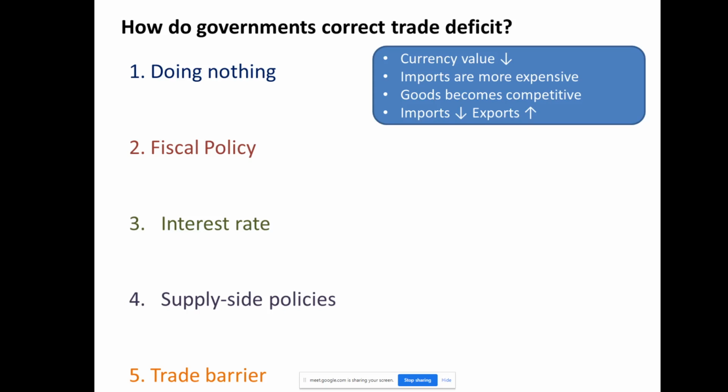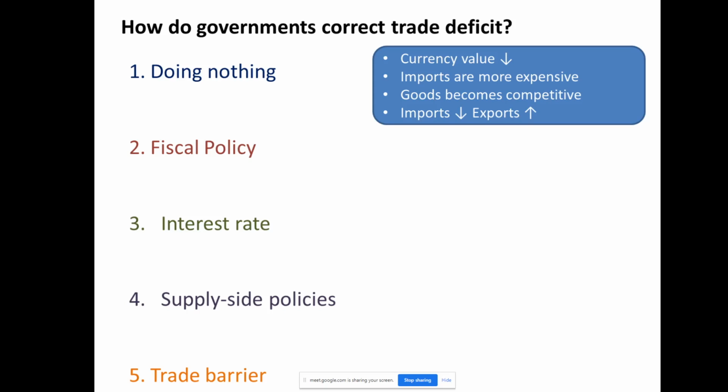When you have a higher income level, you buy more imports, and that's why right now, if you are the government and you are experiencing trade deficit, you want to control the level of imports. And if you can reduce the level of income from your citizens, then you can do that.